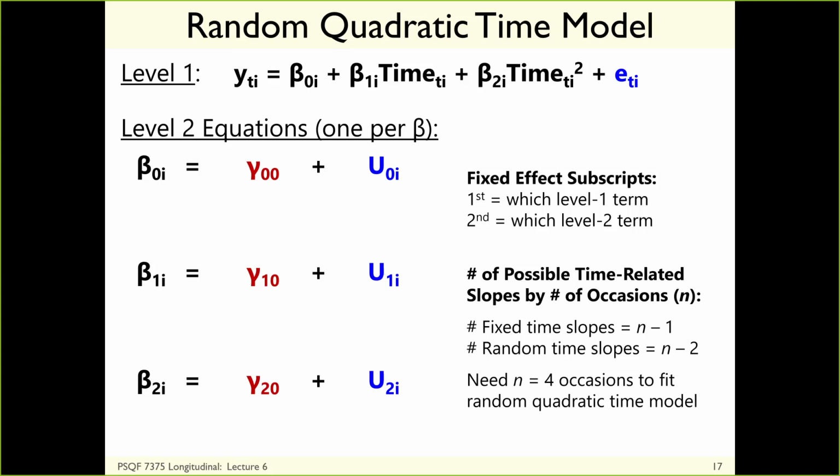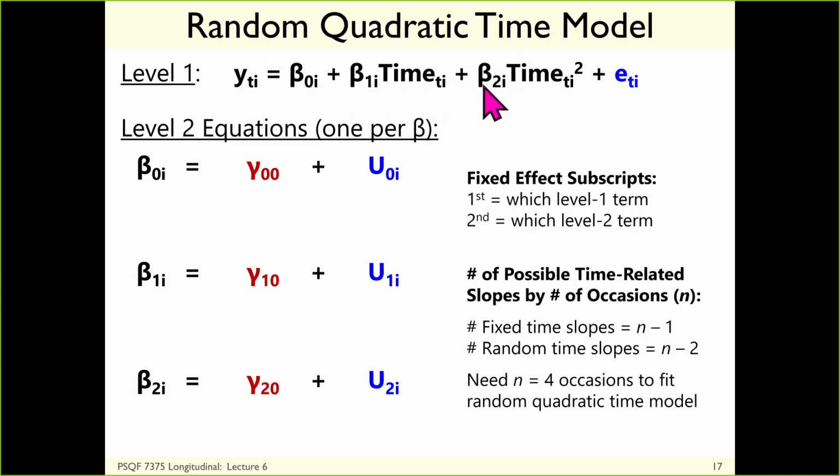You need at least 4 occasions to fit this model. Otherwise, with 3 occasions, there would be no e. The bendy line would fit each person's 3 points perfectly. Keep in mind, though, what's being estimated is not a separate line per person, but variance across people. So we'll talk estimated parameters here in just a second.